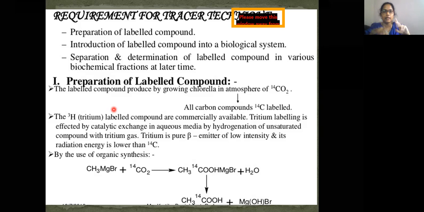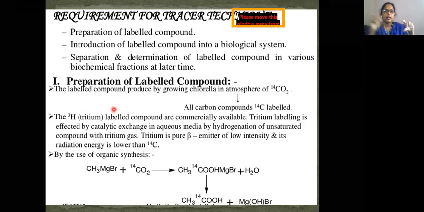Instead of that, CH3 single bond CH3 will be formed, that is ethane will be formed.